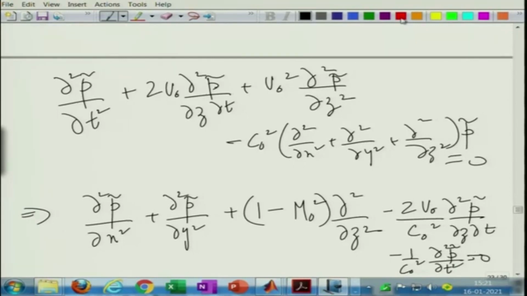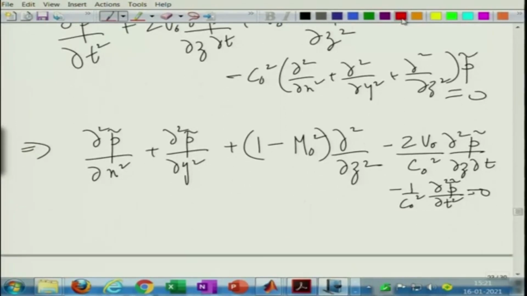So, this is the final form, and of course, once we insist on time harmonicity, let us do that. Let us assume the harmonic response, that is p(x, y, z) e to the j omega t.